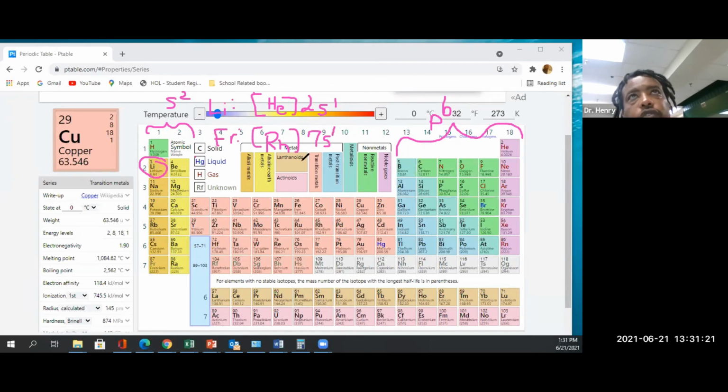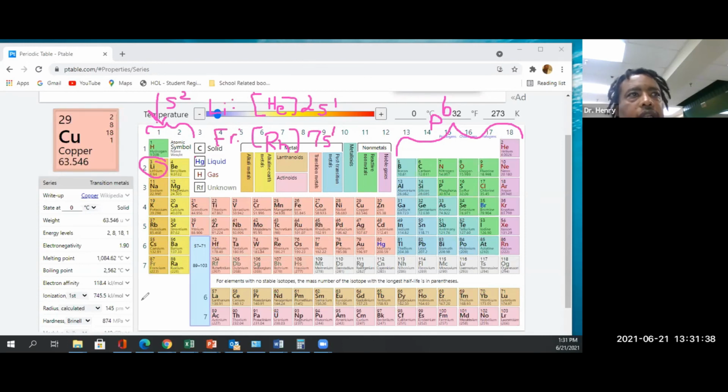How many valence electrons do we have there? 1. Okay, so regardless of what element it is in group 1, they're always going to have 1 valence electron.